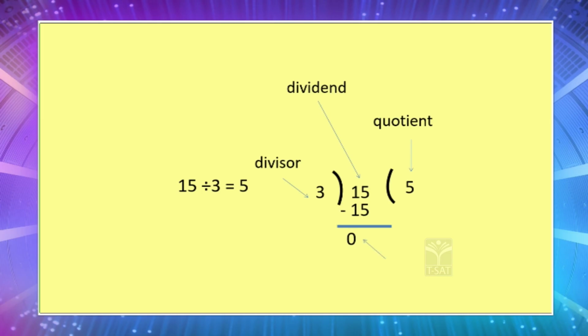And what is the 0? That is the remainder. So 15 is the dividend which is going to be divided into smaller groups, and the divisor means the number of smaller groups we are rearranging into. That means 3 is dividing the dividend. The divisor divides the dividend, the result is the quotient, and the remainder is this one.